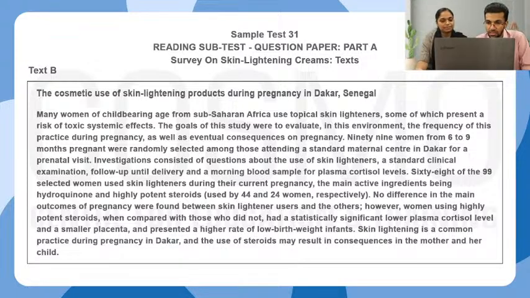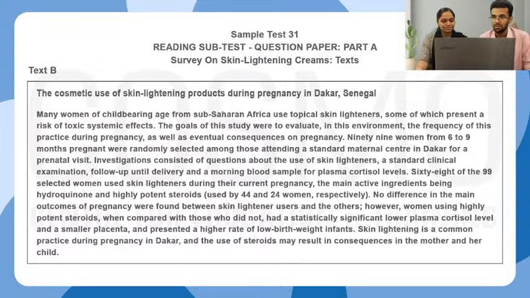Alina is right. So the fourth last line: however, women using highly potent steroids, when compared with those who did not, had a statistically significant lower plasma cortisol level and a smaller placenta. Alina got it right. Mayuri got it right.